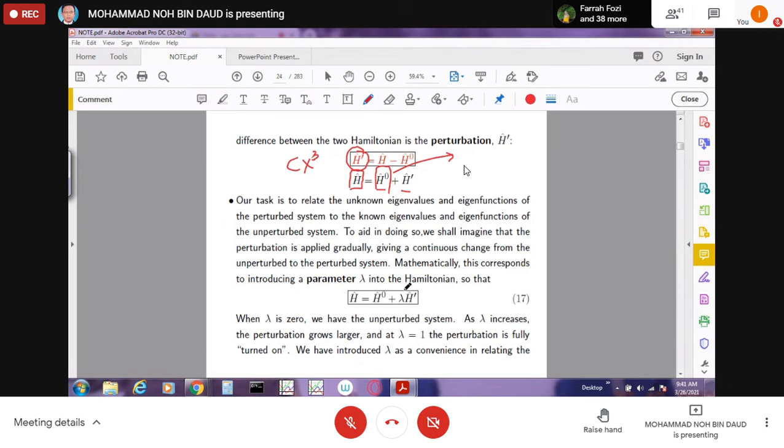We can include a parameter lambda, ranging from 0 to 1.